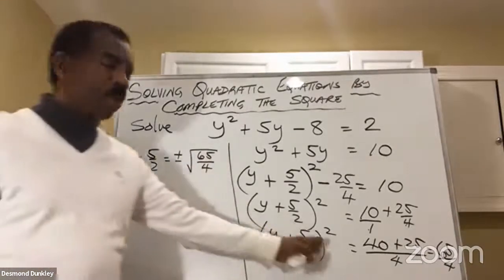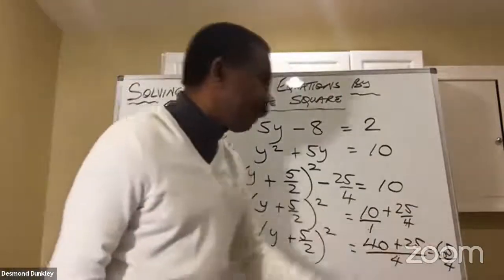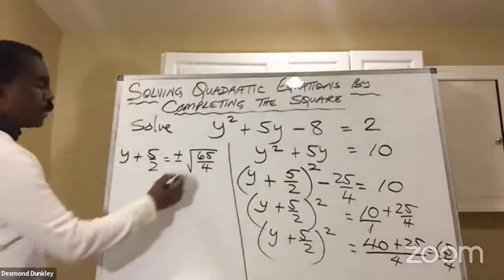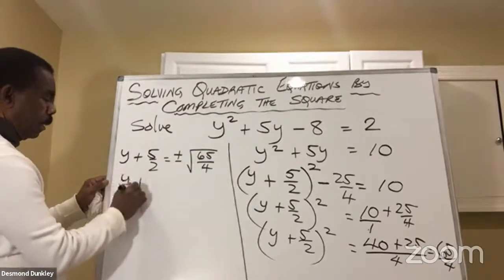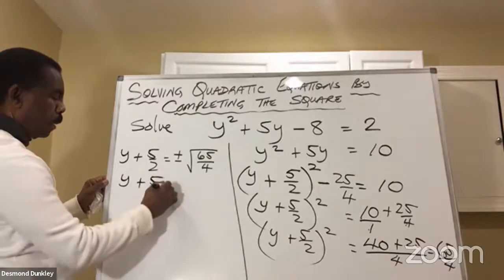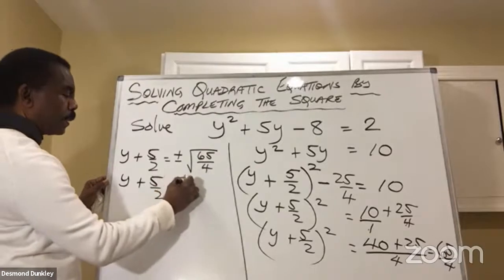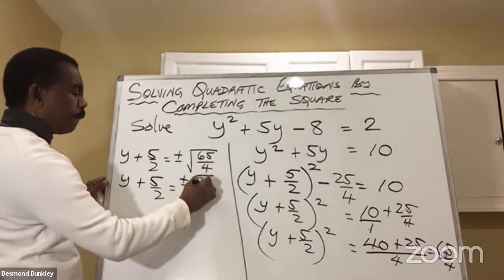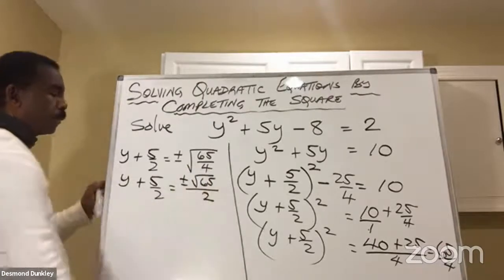All I'm finding is the square root of the left and the square root of the right. We know that the square root of 65 is ugly. But the square root of 4 is a good number. So it is plus or minus the square root of 65 over, what's the square root of 4? 2.